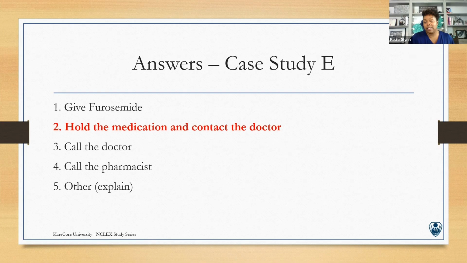I had this patient with a potassium of 2.9, and I'm thinking of hypokalemia. What are the effects of hypokalemia on the body? It doesn't just affect the kidneys. It affects the heart rate. It affects the cellular level as well. So where are your normal potassium levels, in the heart, in the blood? So hold the medication and contact the doctor for this one.